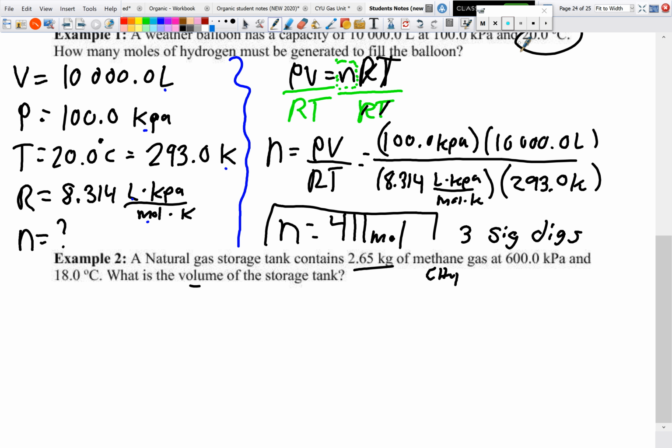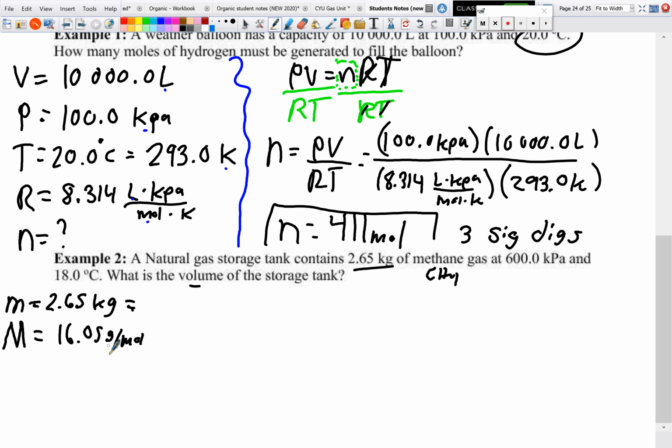So our givens in this case, we are given a mass. Mass is equal to 2.65 kilograms. Now, right away, recognize that at no point have we ever really used kilograms before. And then, if we're given a mass, we will need to know the molar mass for CH4, which for methane is 16.05 grams per mole.